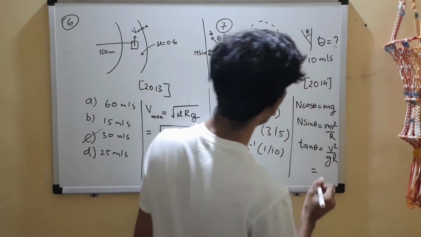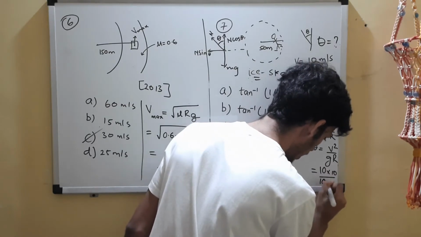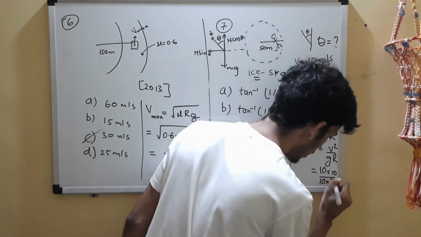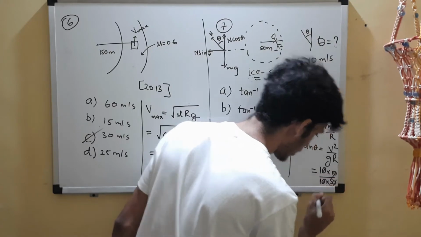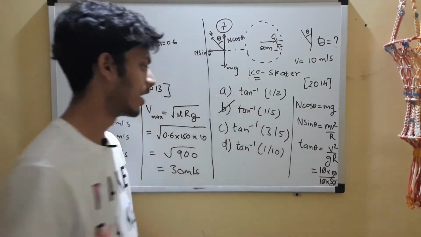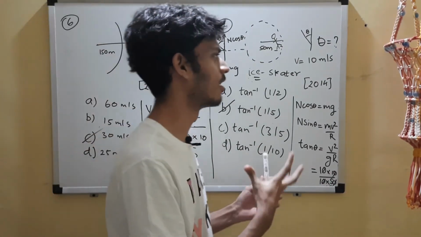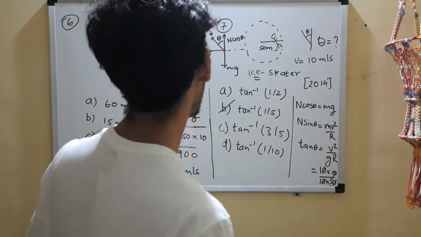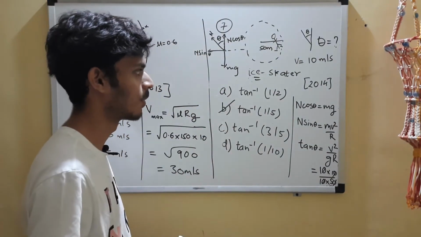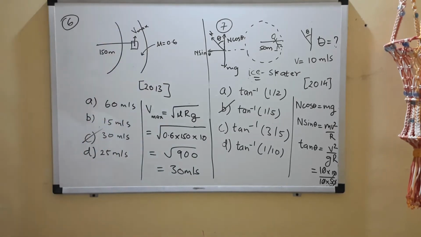So v square is 10 into 10, g is also 10, r is 50. So this gets cancelled. You can see that it's tan inverse 1 by 5. So basic drawing of free body diagram and solving the question. Not that difficult, right? So let's move to the next set of questions.